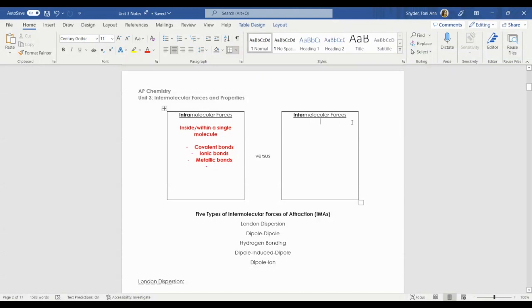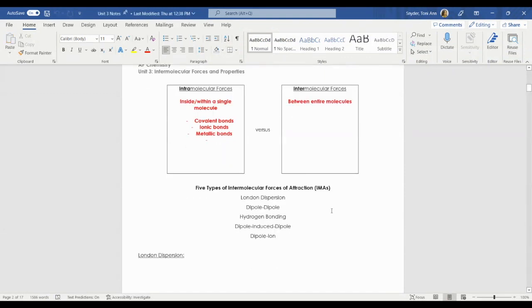Whereas our intermolecular forces are a little bit different. This particular unit focuses on intermolecular forces. And the prefix inter means between. In this case, it's the force of attraction between entire molecules. So that brings us to what are the 5 types of intermolecular forces between entire molecules.